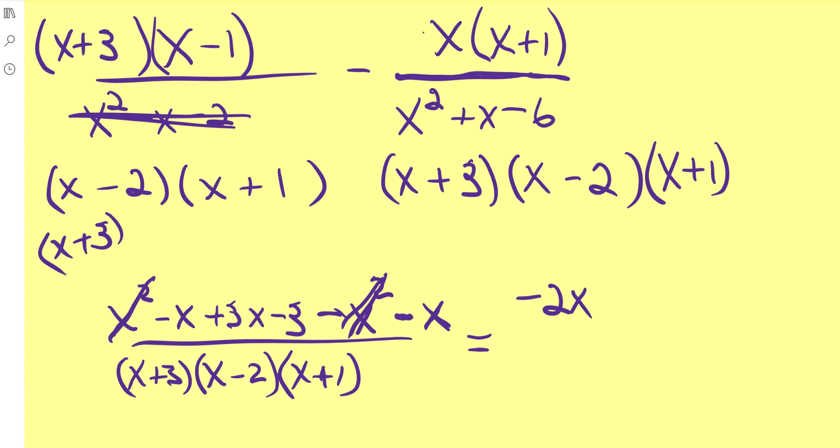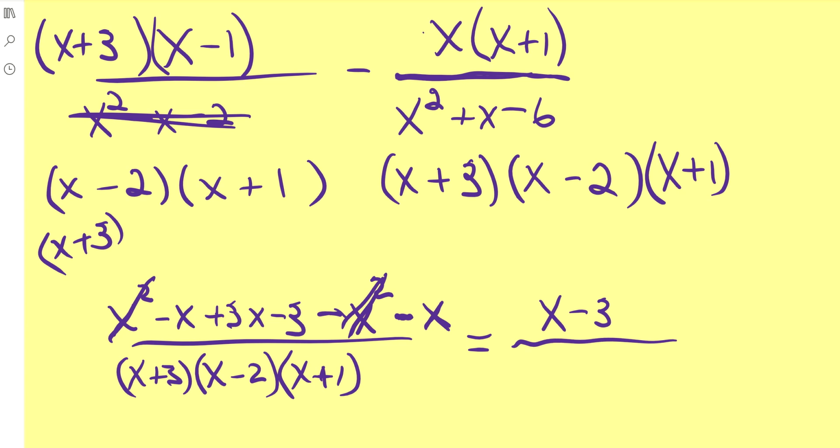So 3x minus 2x is 1x, so this really becomes x. So negative x plus 3x is 2x, and 2x minus x is 1x. And then finally, I've got the negative 3. So it's x minus 3.